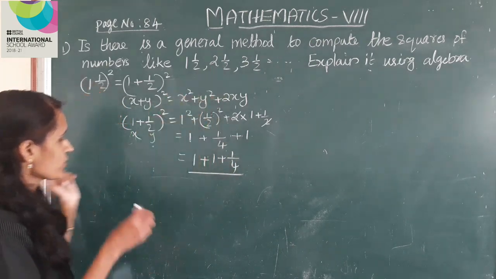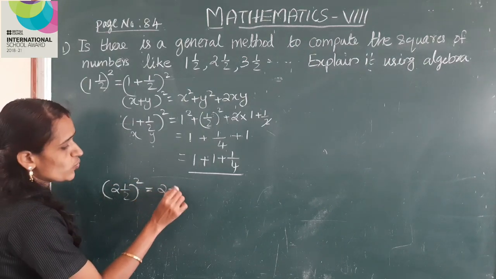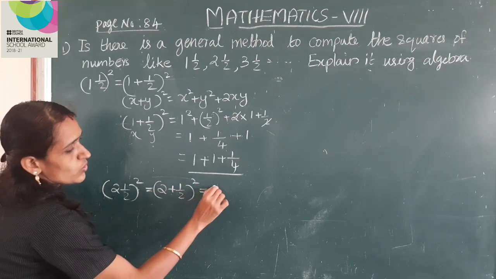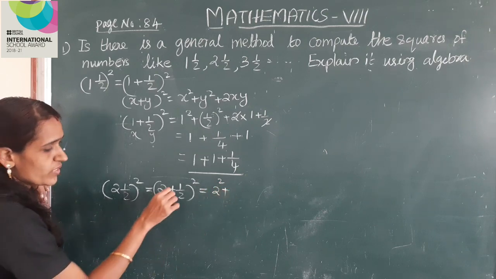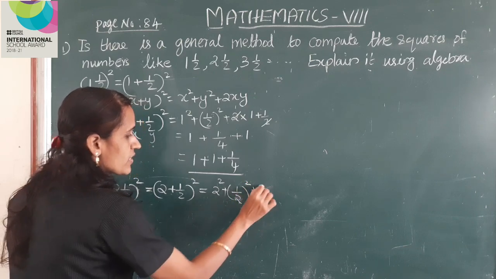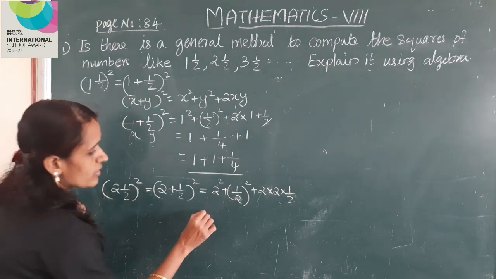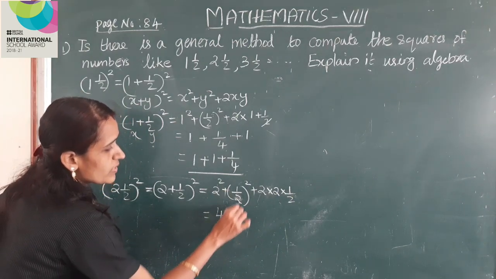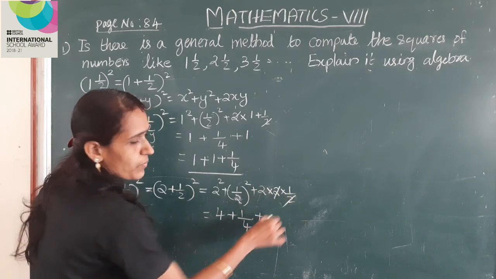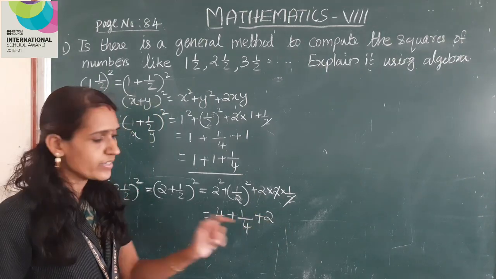Next is 2 1 by 2 whole square. This can be written as 2 plus 1 by 2 whole square. This is equal to 2 square plus 1 by 2 whole square plus 2 into 2 into 1 by 2. 2 square is 4, plus numerator square by denominator square, 1 by 4, plus 2 divided by 2 is 1, remaining 2.